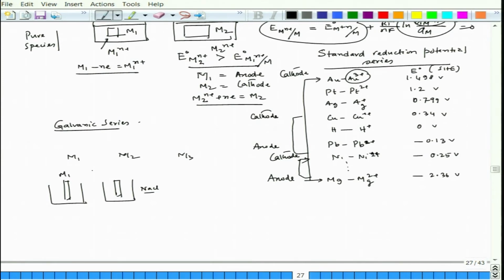This is M1, this is M2, and let us say this is an aerated solution. And if we connect them, this is a salt bridge, SB is nothing but the salt bridge.